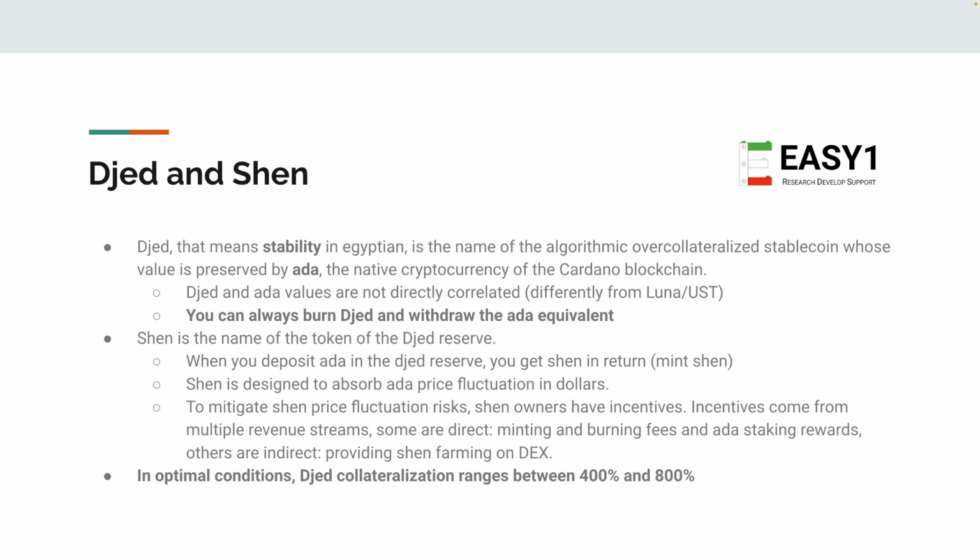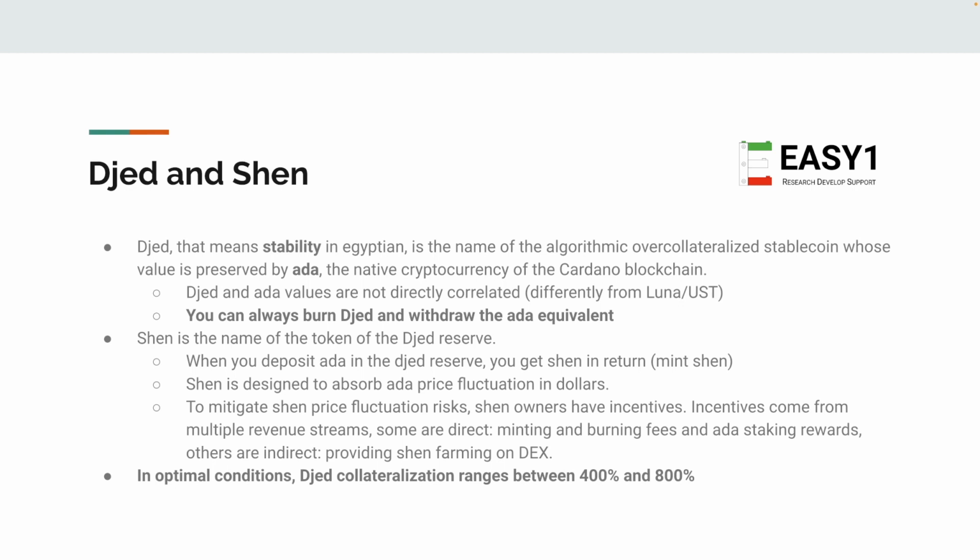And then there are also some indirect sources of revenue. This can happen, for instance, if you take Shen and deposit it into DEXs and start farming with it. So you can do liquidity providing, getting fees on the trading, as well as token farming rewards on the major DEXs.